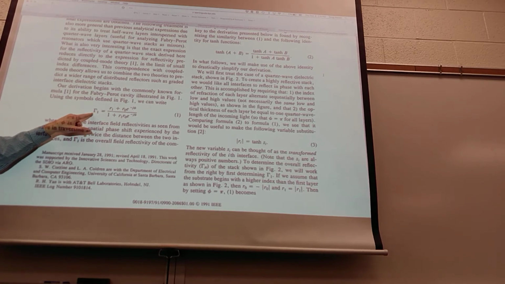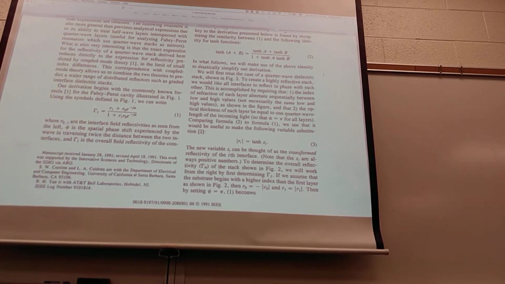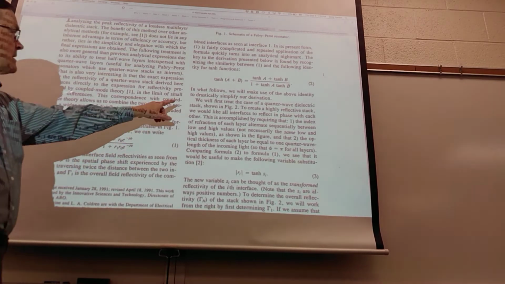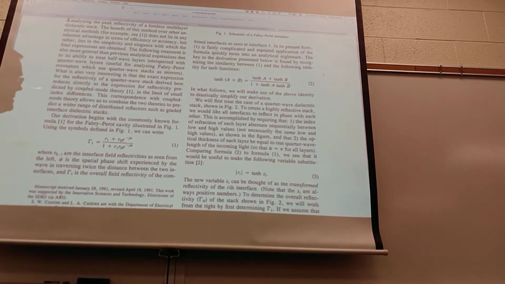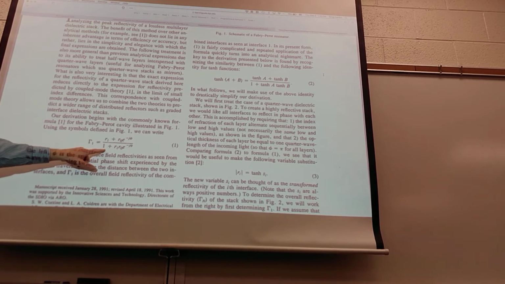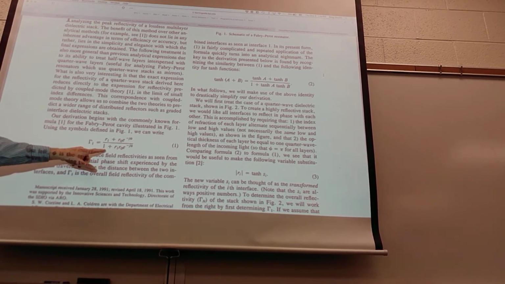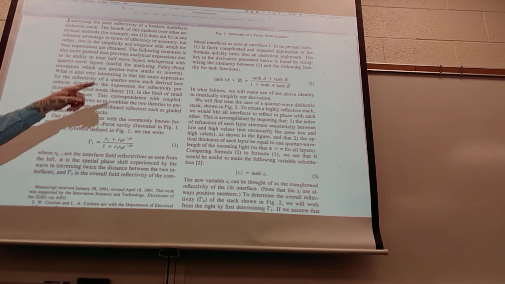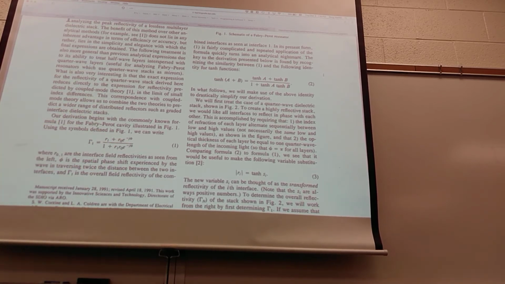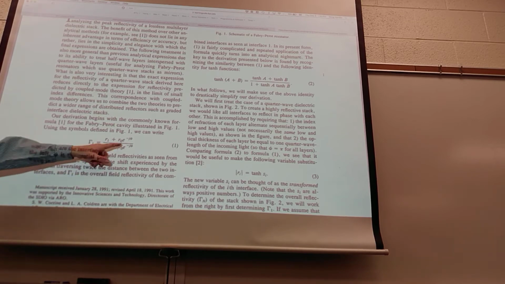It just has different notation than what we used in class. And then over here, this hyperbolic tangent identity gets used because if you look at that and compare it to this, it looks similar, right? So it turns out that we can use that if these e to the minus j phis go away. And so those e to the minus j phis go away for certain values of phi.